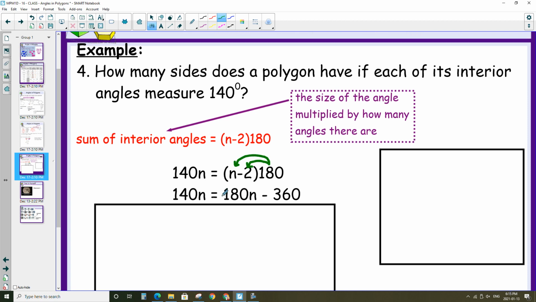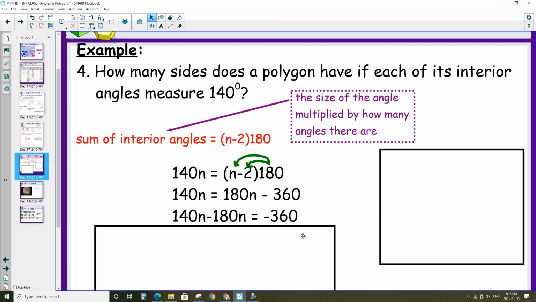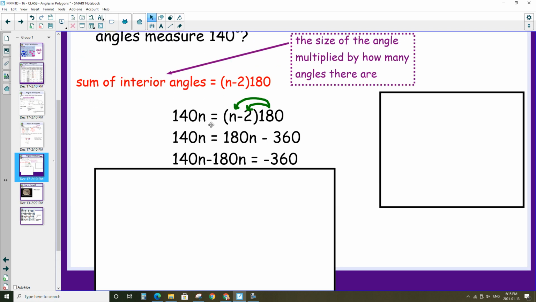So our goal is to collect the n's on one side and the constants on the other side. So I've moved the 180n over to the left, and its sign changed to negative. Or you can look at it as subtracting 180n from both sides. Now you want to collect like terms on the left-hand side.